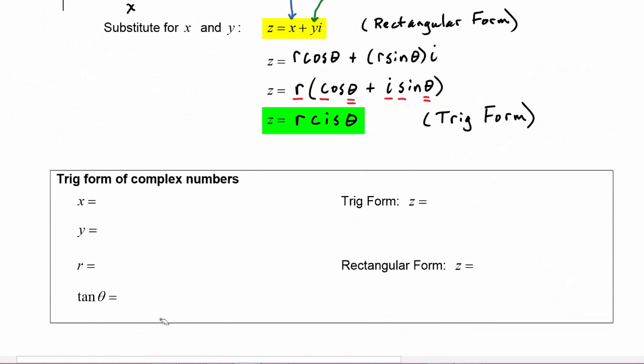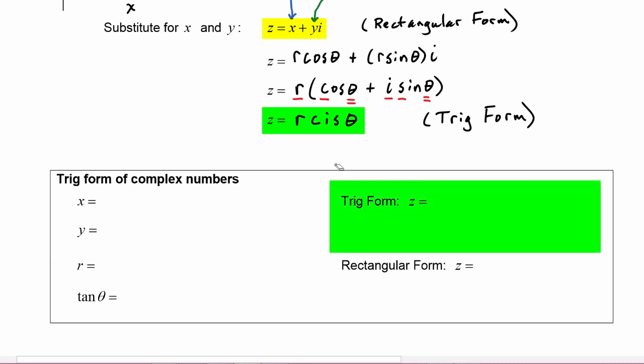Now let's make a summary box here for the trig form of complex numbers. We just learned that the trig form is that z is equal to r cis theta. And remember, the long form of that is r times cosine theta plus i sine theta.